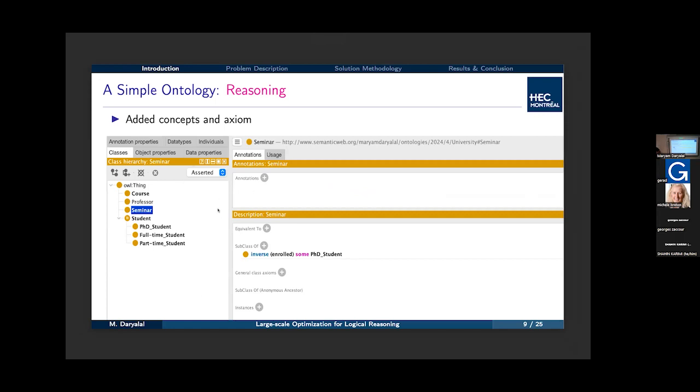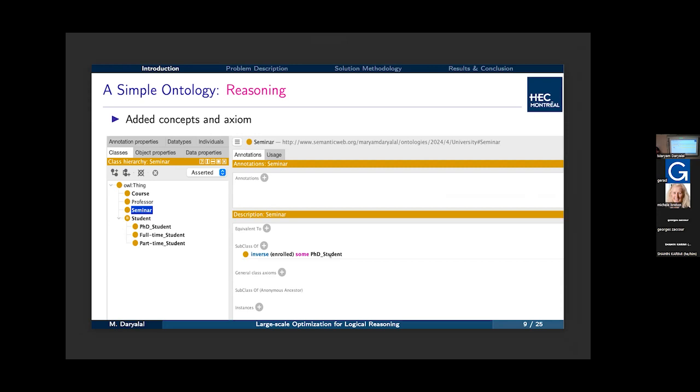So let's go back to this software that I told you about. Now I added this Seminar. I didn't tell the reasoner that Seminar is a course, so I just added it as another concept. But I told the reasoner that this Seminar is this thing.